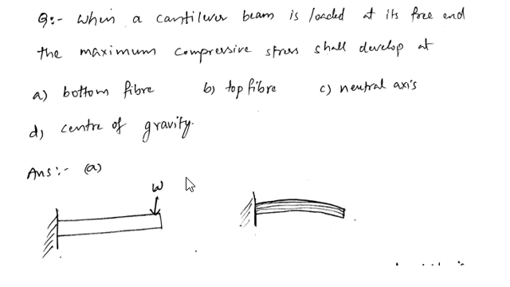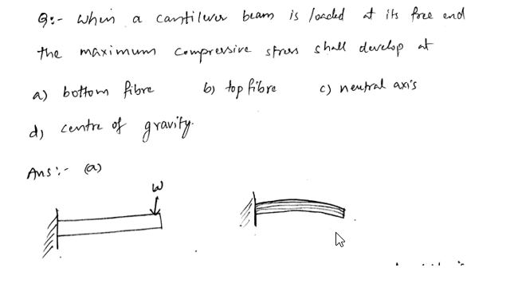He is asking, when a cantilever beam is subjected to a load at its free end, the beam will bend like this, and at which location will we get maximum compressive stress in this beam.